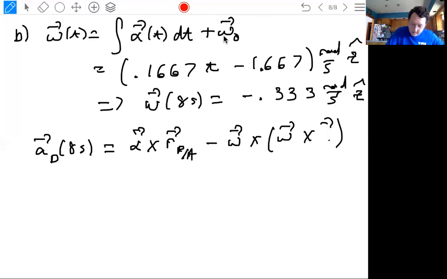It's really the same process. It's just now we evaluate everything at 8 seconds, not at time 0. So I just have different numbers, but the method is the same. So this first factor doesn't change because alpha is constant, and this just gives me the same 100 millimeters per second squared y hat.